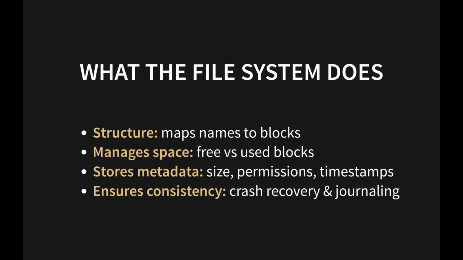Okay, now that we have some understanding of what blocks are and how we logically group sectors into blocks, we can now see what the file system does, and how we can divide its different jobs. At the heart of a file system lies the task of mapping file names or directory names to these blocks of ours, right?